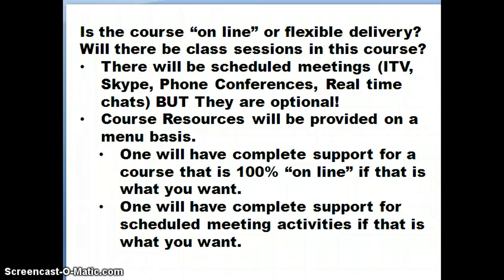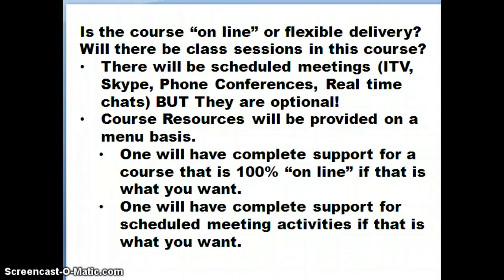You're going to have a schedule of those well in advance, and they will be clearly identified to say, if you have this and this and this at your fingertips, you don't need to come to this class session. So you will get lots of forewarning about why it would be in your best interest to attend a class session, if it is going to be in your best interest. And you're going to be the determinant of that, not me.